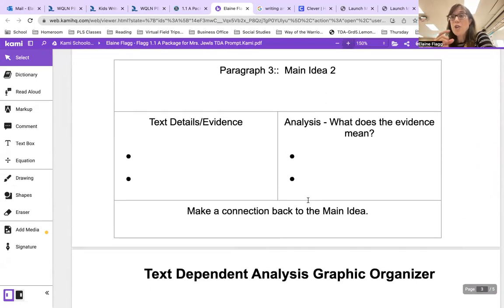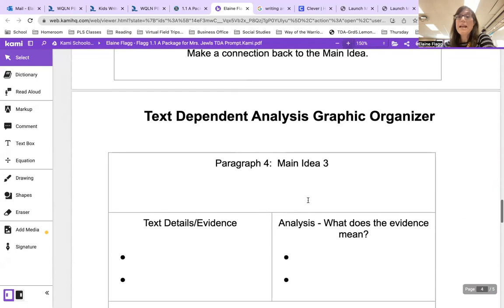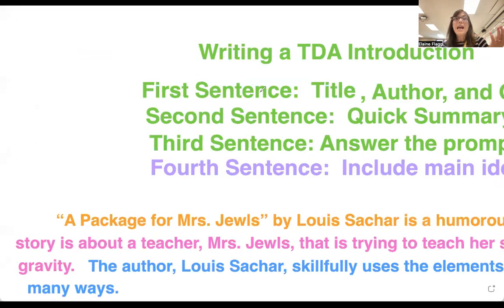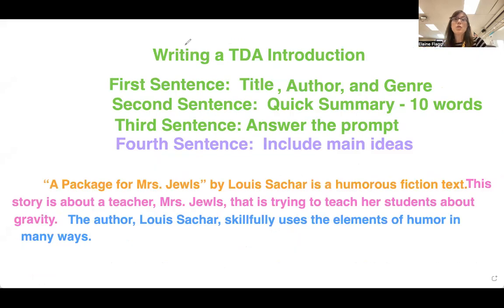The author uses humor through unusual characters, unusual events, and then maybe your main idea 3 was an unexpected ending. So you could actually say those 3 right on there, and it doesn't give too much away because you're going to still give away your proof later, but it actually prepares the reader for what they're going to be reading.